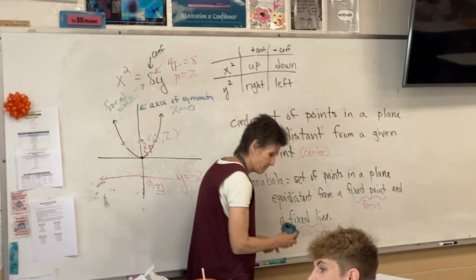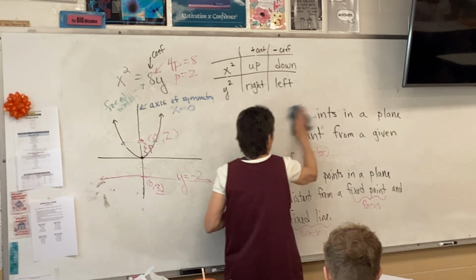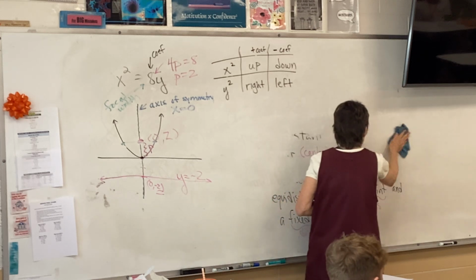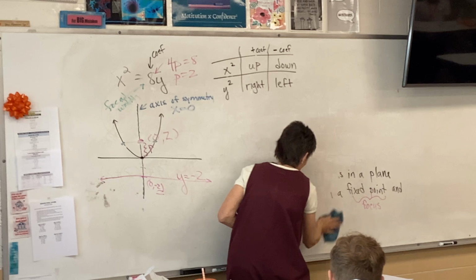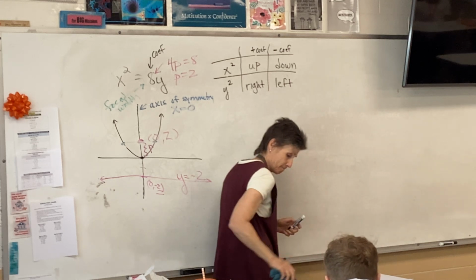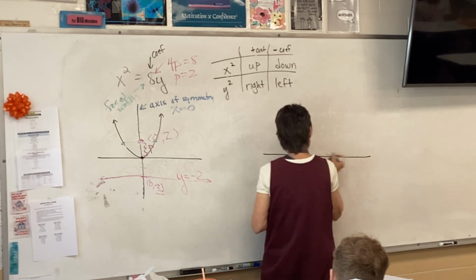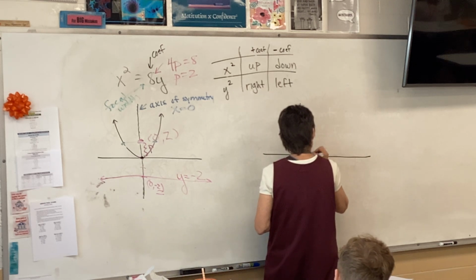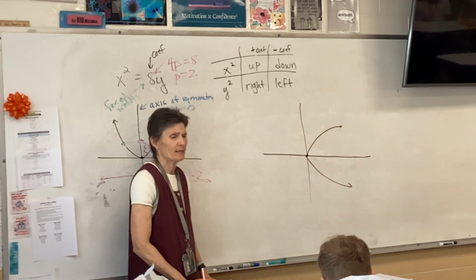All right, let's try B. Y squared equals 12x. What's different about this guy? It's y squared, which means it opens sideways. It's a positive 12, so which way does it open? To the right. How come I put the vertex at the origin again?